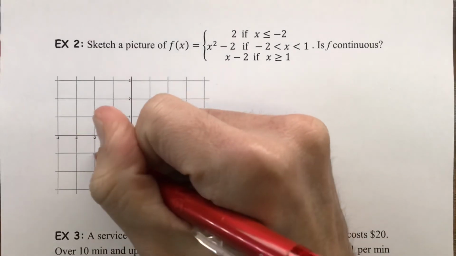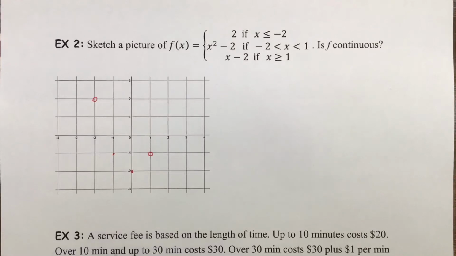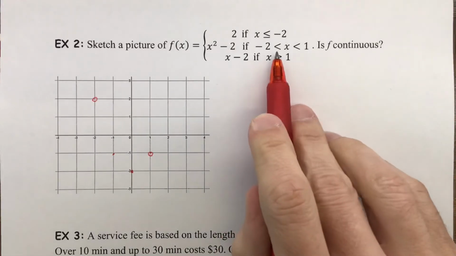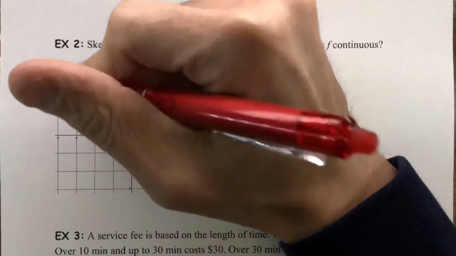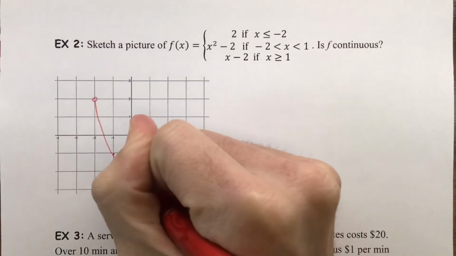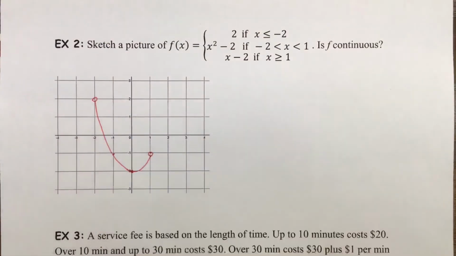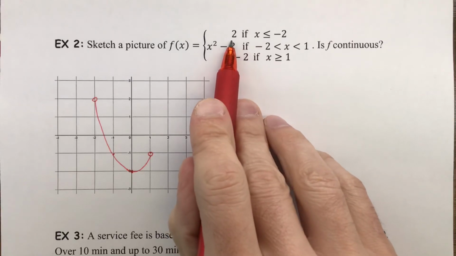That is going to be over 1 up 3, which will go to here. And again, that one's going to be open as well. Okay, so for the middle part, we have this parabola that looks like that.